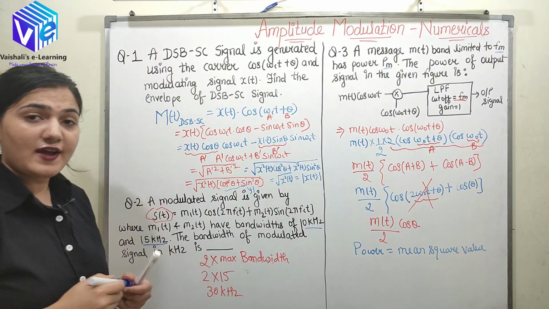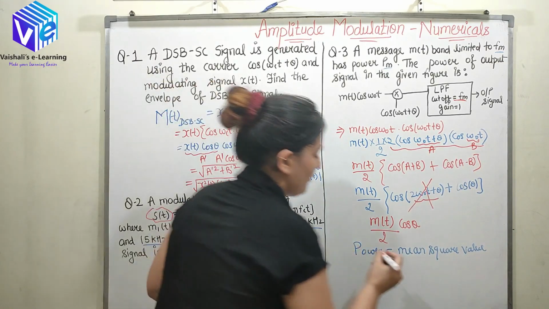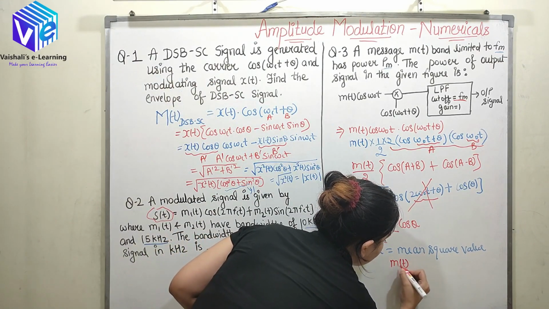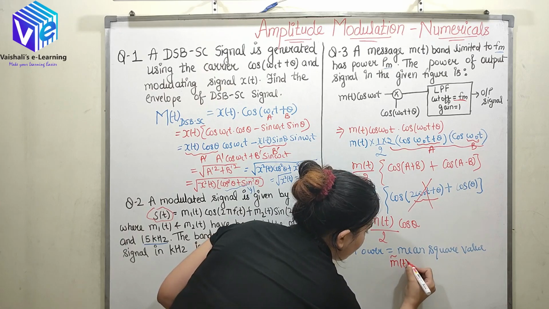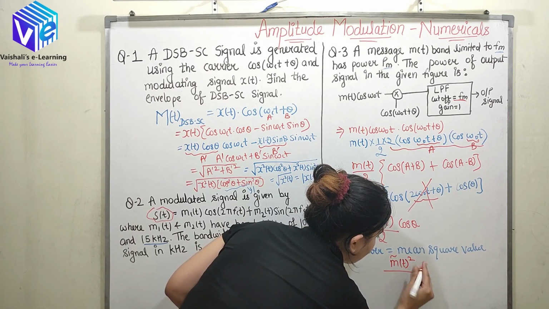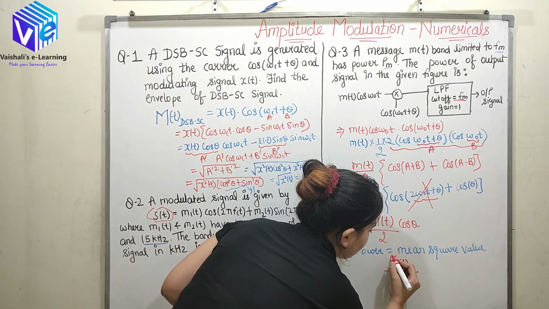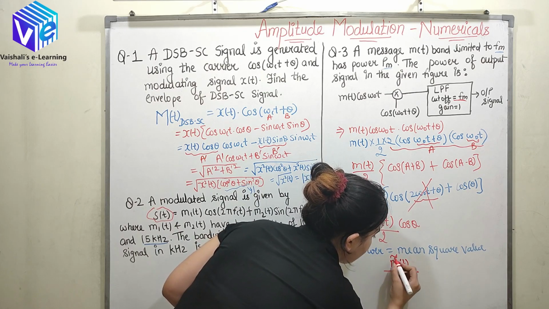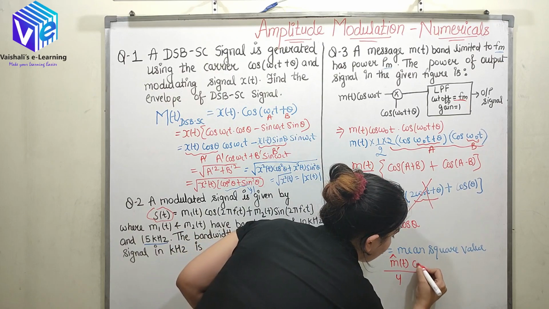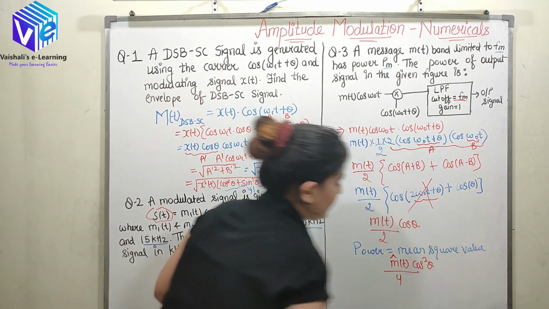So now I need to find out the mean square value. Mean square value can be given as mean square value of m(t), I am representing it as m cap t, upon 4, 2 is squared to 4, into cos² θ.